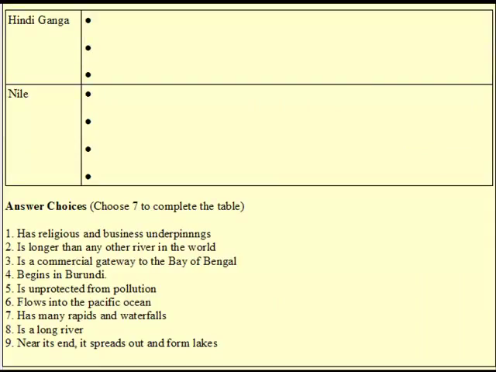From these 4 descriptions, it can be concluded that the Nile is longer than any other river in the world, begins in Burundi, has many rapids and waterfalls, and near its end, it spreads out and forms lakes. As a result, these are 4 correct answers that describe the Nile River.